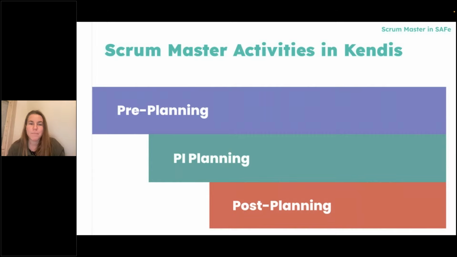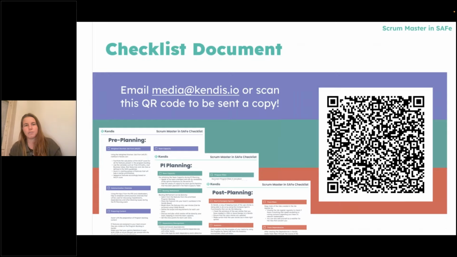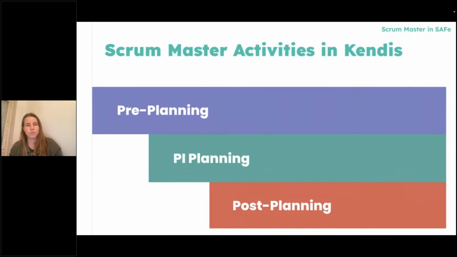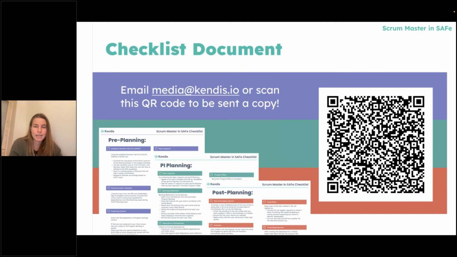My main thing I want to talk to you about today before I hand it off to Justin is that we will be providing you with a checklist document today. It's a checklist for everything that Scrum Masters need to do during the PI. This is a must-have for Scrum Masters, so we want you to download it and share it within your organization.